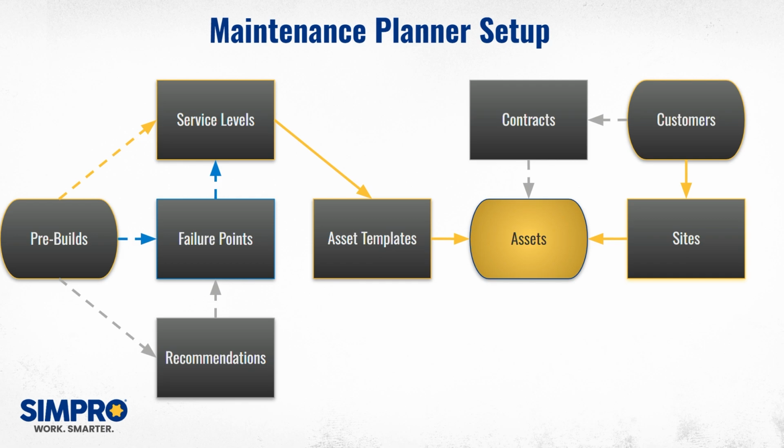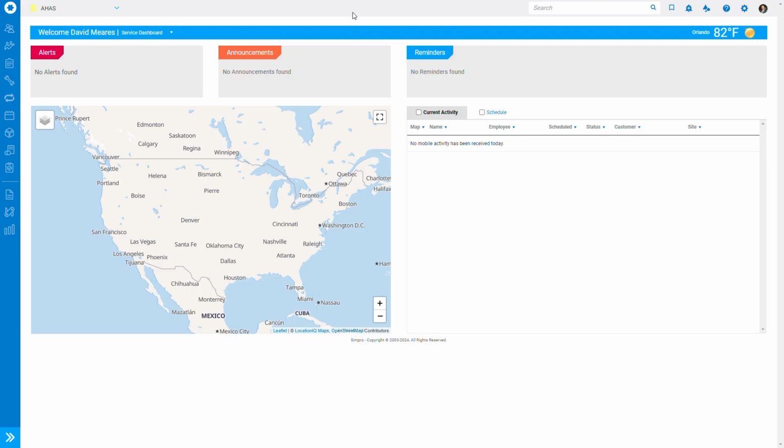Once again, take note that the path this flowchart follows is our recommended order for the efficient configuration of Maintenance Planner. This is also the order in which we will go through the setup process during this webinar. So let's get started. The first components of Maintenance Planner configuration that we will address are in the system setup area of Simpro.